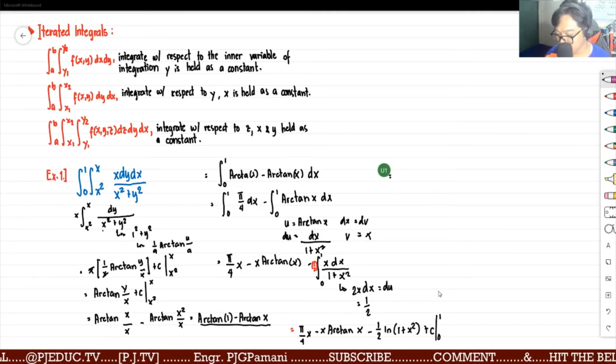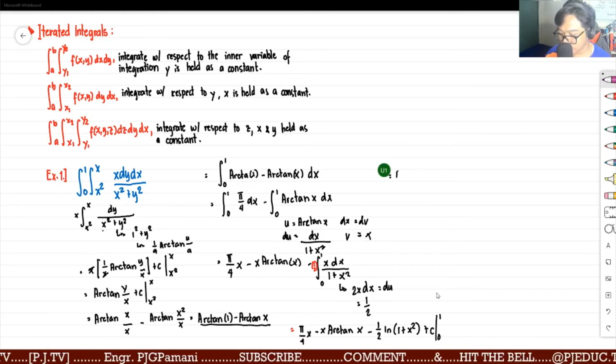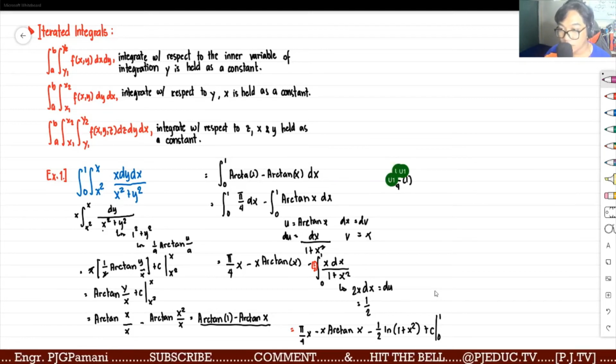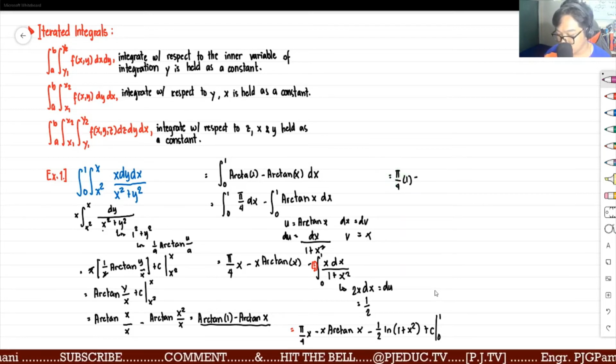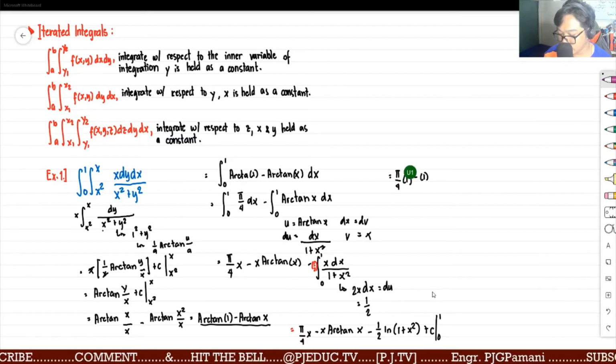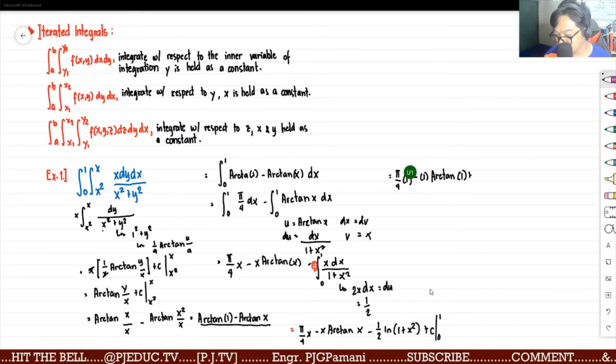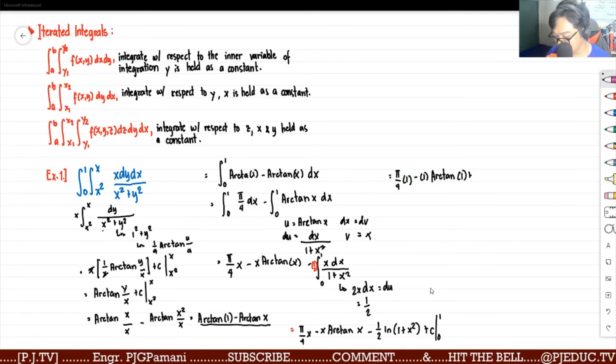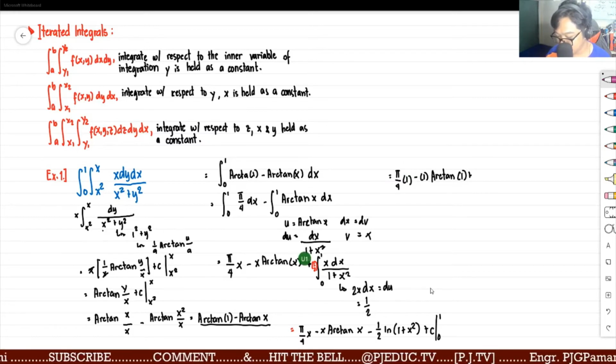Apply your upper limit, that is pi over 4 times 1 minus 1 arctan times 1. This is supposed to be 1/2. Kasi dinistribute natin si minus, then 1/2.